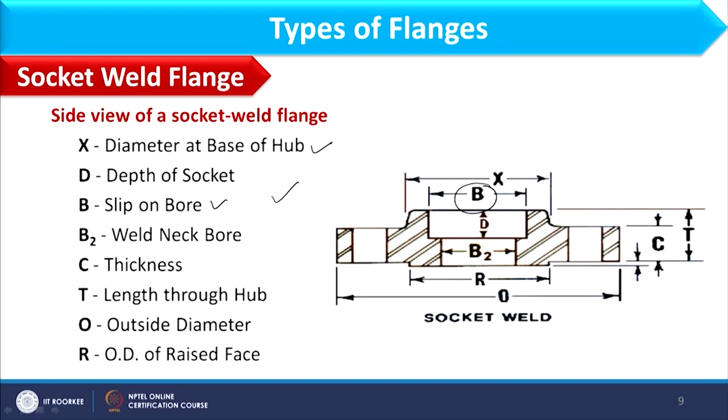It means the pipe basically sits over here. So, the pipe basically slips over this, therefore it is called the slip on bore. And B2 is basically the bore diameter where flow will occur. So, that would be the weld neck bore. Other parameters we have already discussed in the previous flange, so you can correlate that.